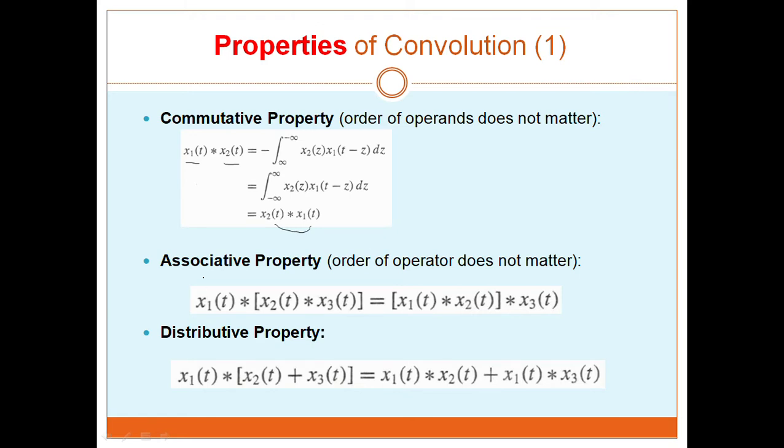The second one is the associative property. Associative means x1(t) convolved with x2(t) and x3(t) is also the same as x1(t) convolved first with x2(t) and then convolved again with x3(t).